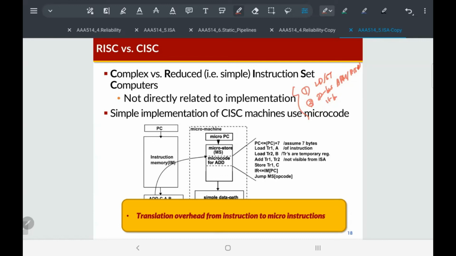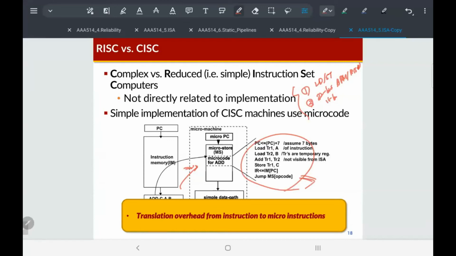So these vendors support a micro machine. The micro machine decodes complex instructions into multiple simple instructions, and then the processor just executes the multiple simple instructions.